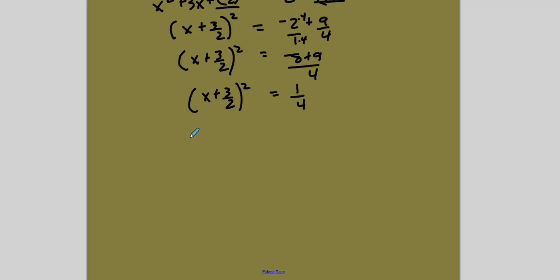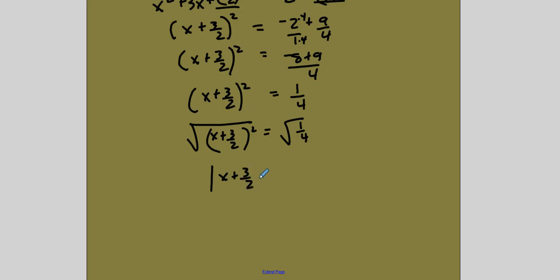So now I take the square root of both sides. Alright, so now since I'm taking the square root of a square, I remove the square root and square signs, and I replace with the absolute value sign.